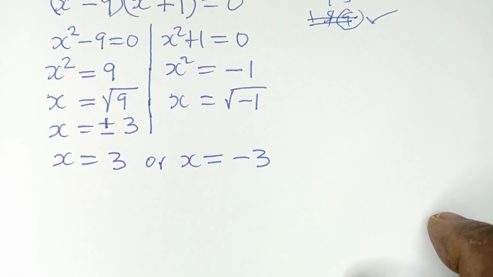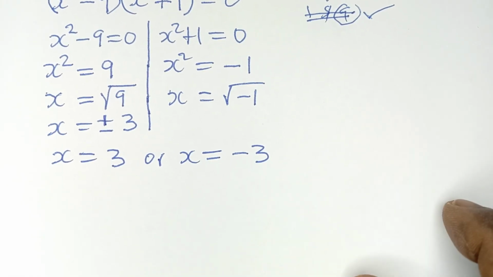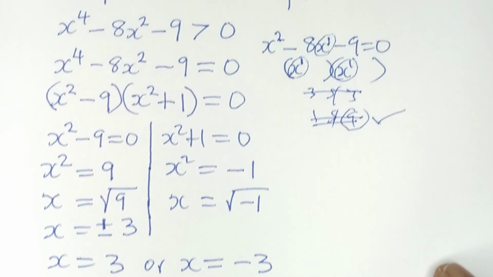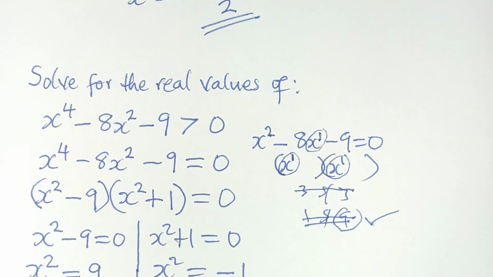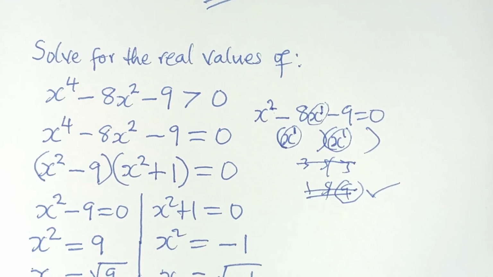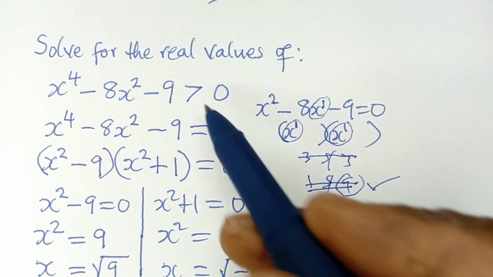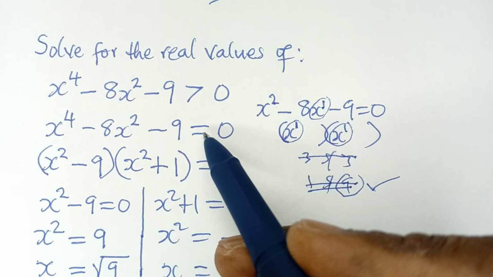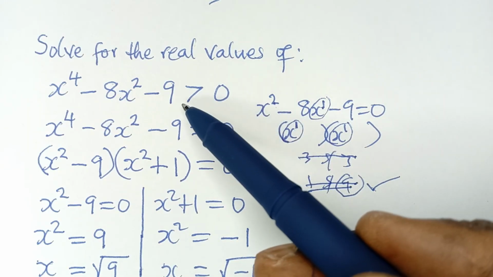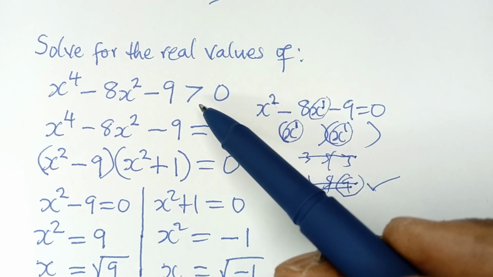Now, finally, we are going to assign the inequality value. Don't forget, at the beginning, we took that inequality and replaced it with the equality sign. So now we are going to put back the inequality sign in our answer.